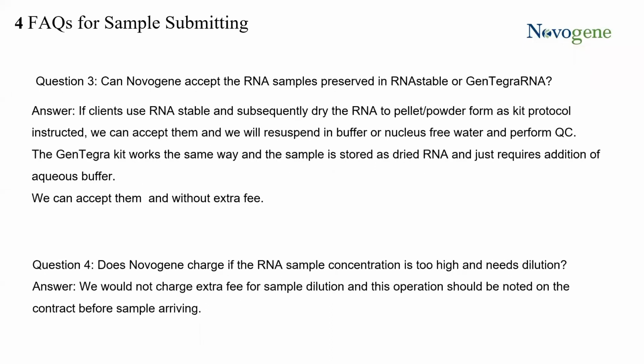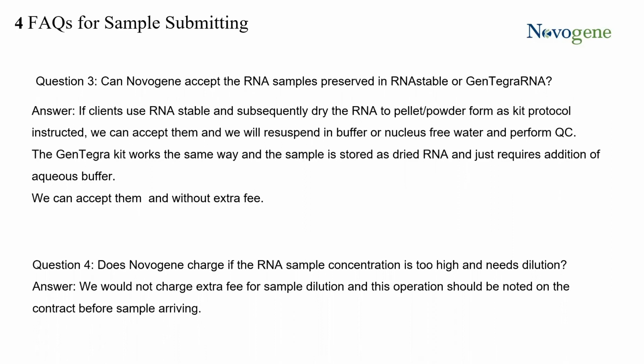Okay, the third question is, can Novogene accept the RNA samples preserved in RNAstable or GenTegra RNA? Yes. The answer is yes. We do accept the RNA in the lyophilized or the pellet or the powder form. You need to follow the kit protocol, the RNAstable, which is from Sigma, or the GenTegra.